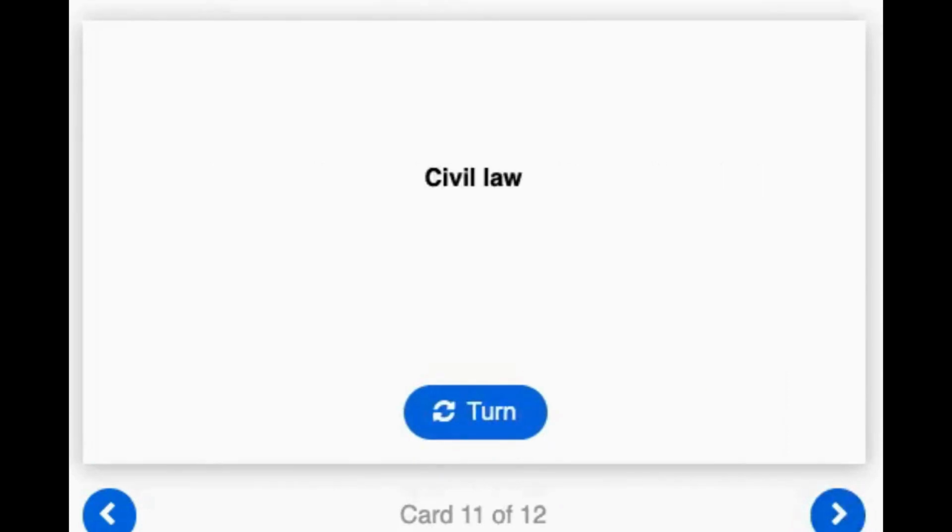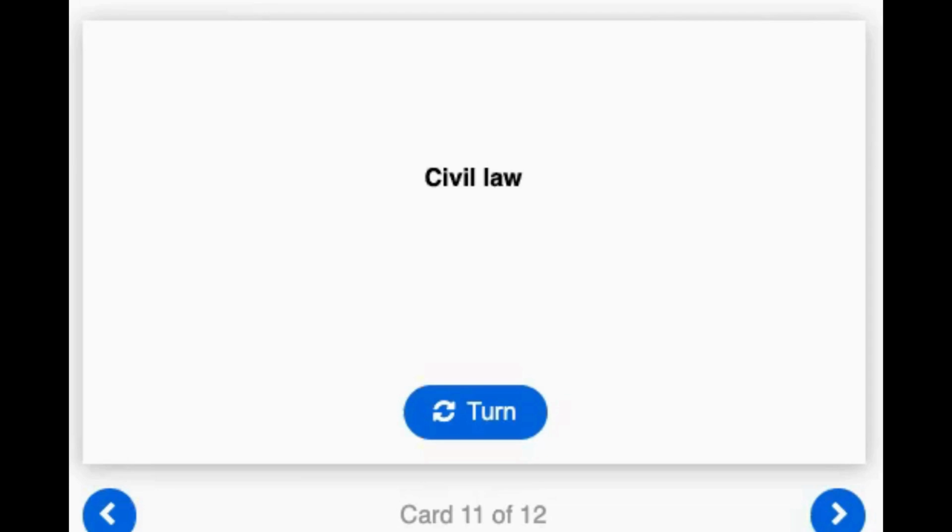Next card is about civil law. So what comes to mind when you think about civil law? Because there are two types of law. One is criminal law and another is civil law. Criminal law gives very severe punishment if someone violates that law. The crime is considered against the state.